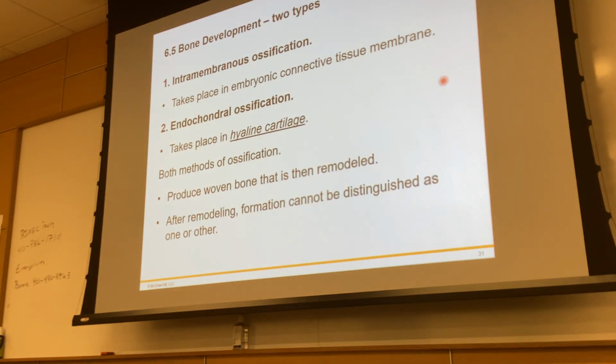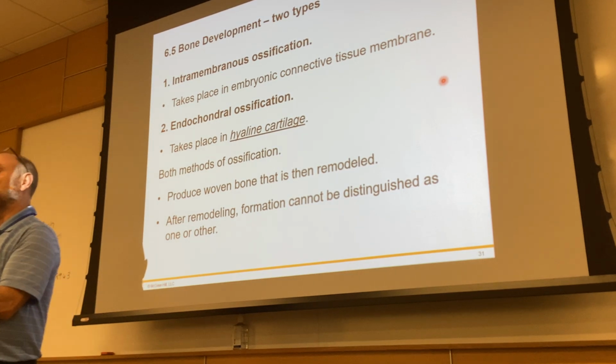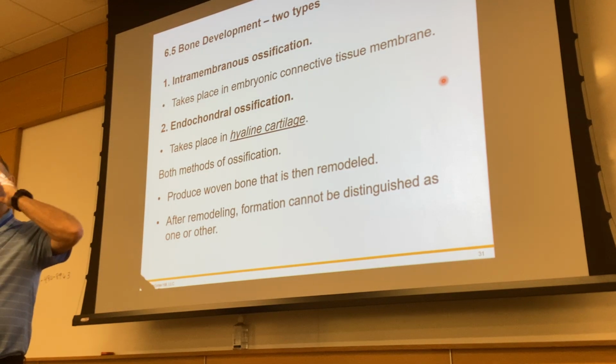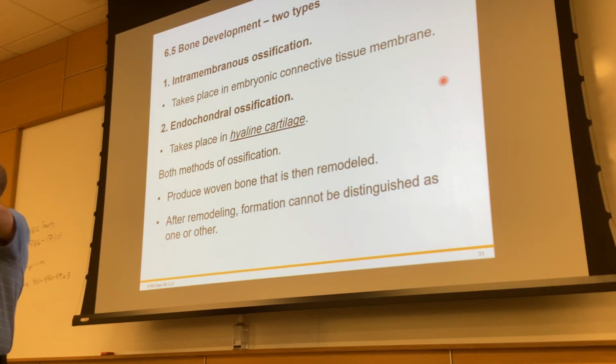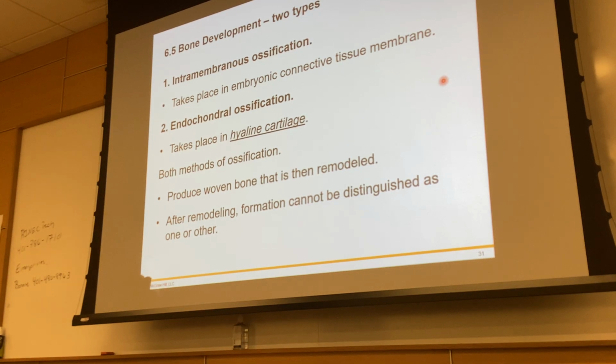Ossification is simply the process of going from a soft, squishy bone to a hard bone. You all have hard bones, unless there's some medical issue. After we talk about that ossification process, we're going to talk about bone repair, and then we're going to talk about the physiology of calcium in our body.